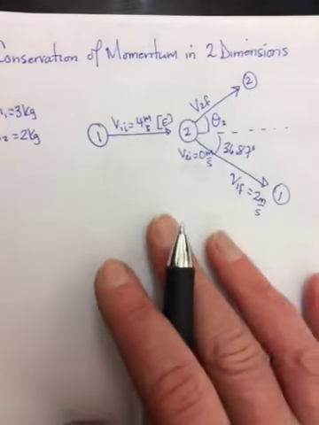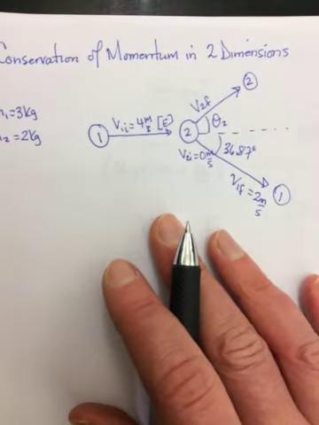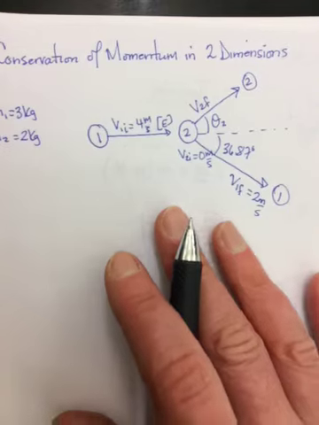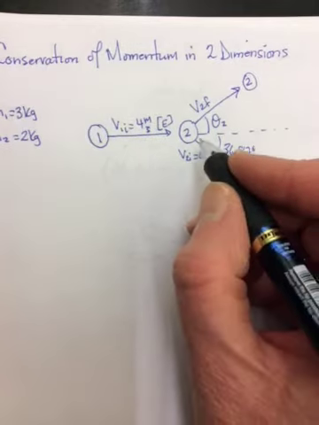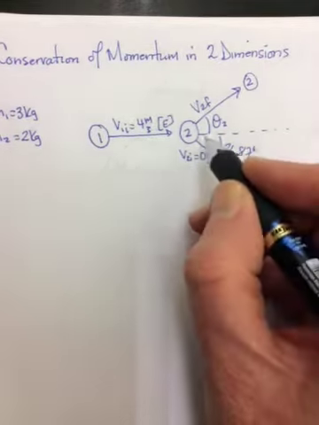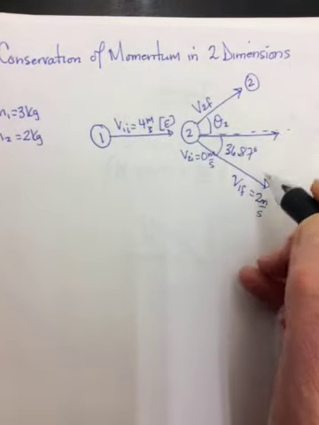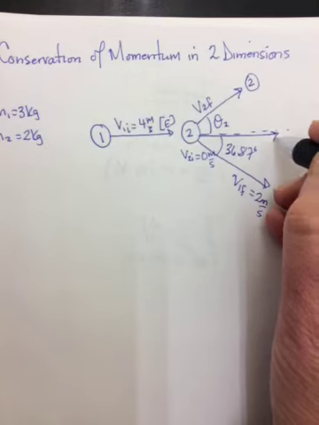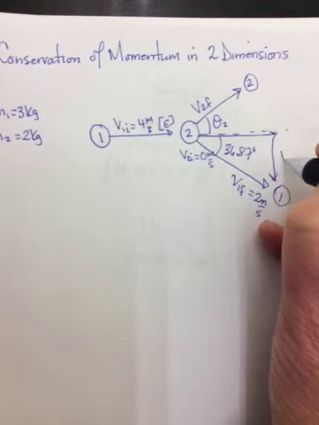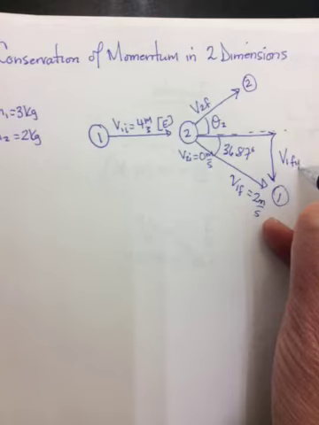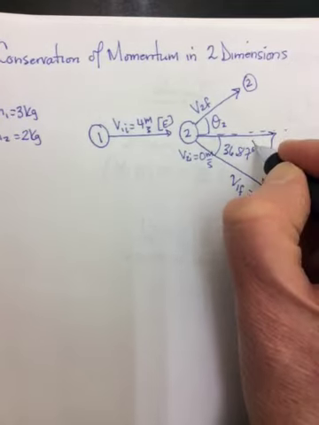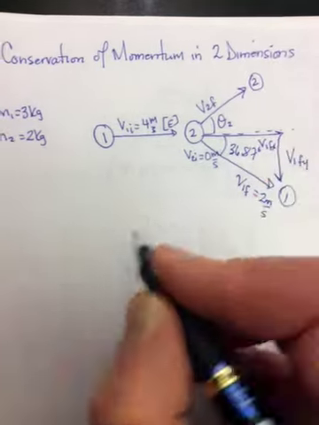So the good news is momentum is vectors. So like forces, you can apply it in the x direction and the y direction. So this V1F has an x component and a y component. So this will be V1Fy, and this will be V1Fx.